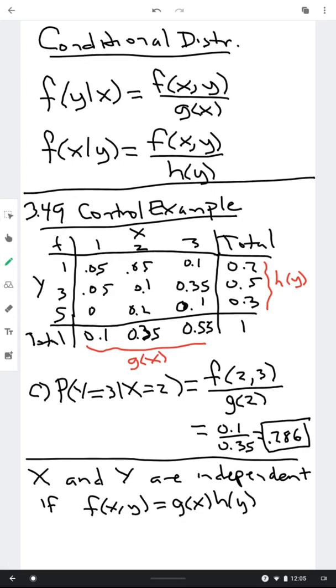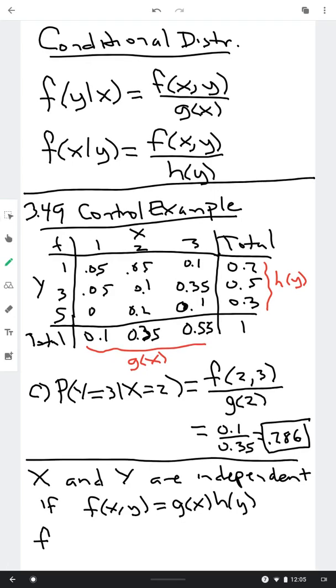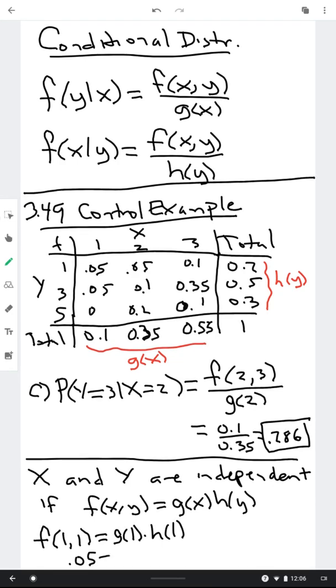Let's look and see if our previous example is independent. I'm just going to look at one case, where x is 1 and y is 1. So f of 1, 1, is that equal to g of 1 times h of 1? F of 1, 1 is 0.05.